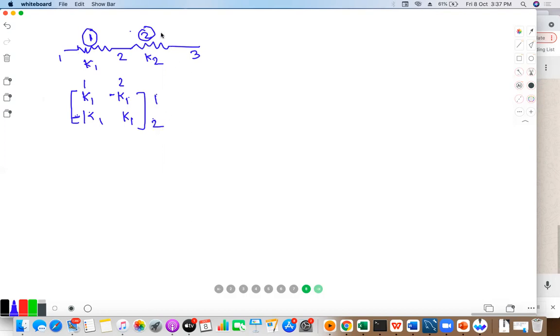For element 2, I can write K2, minus K2, minus K2, K2, for nodes 2 and 3.